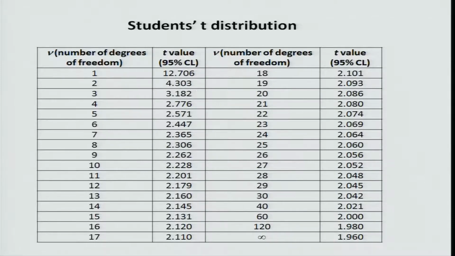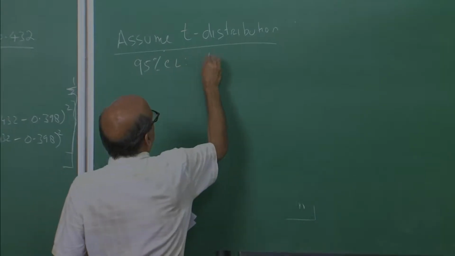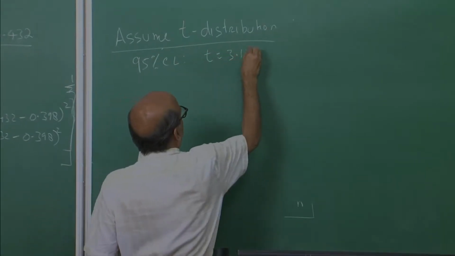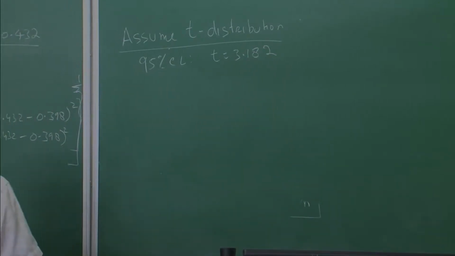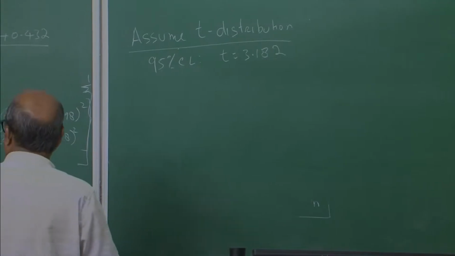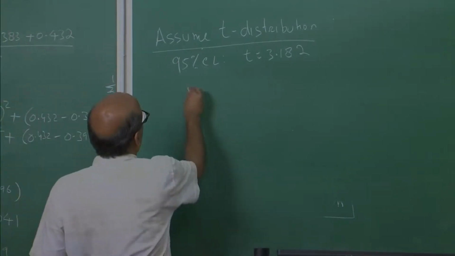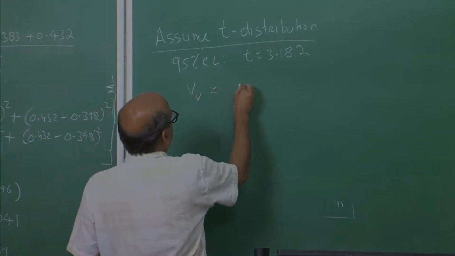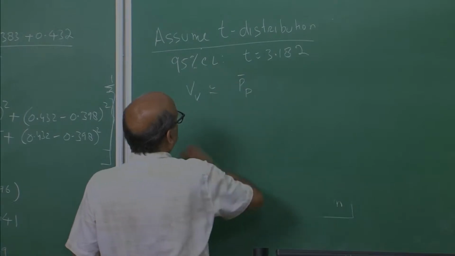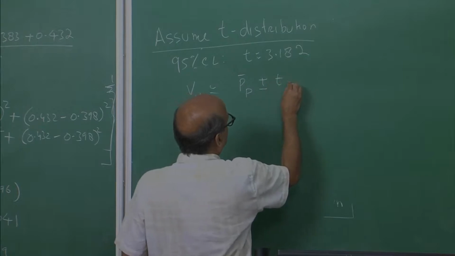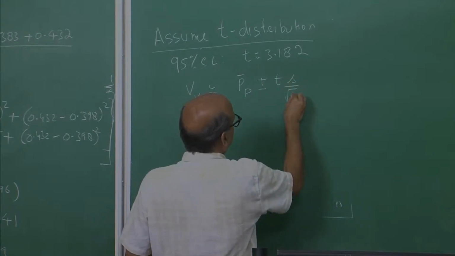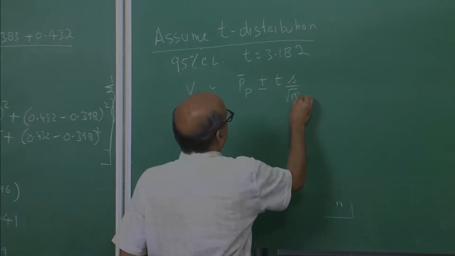So, for 95% confidence level, t is 3.182, and from this I can now get a range for the volume fraction as this, and instead of basically writing z, I write plus or minus t s upon square root of m.